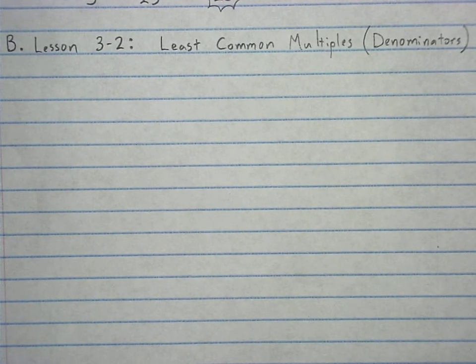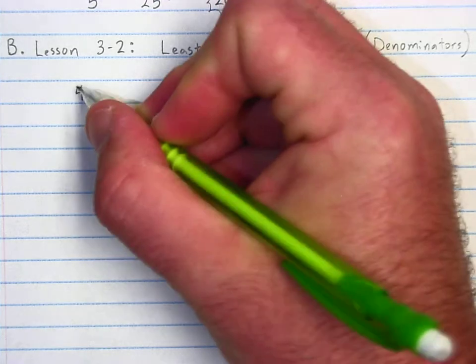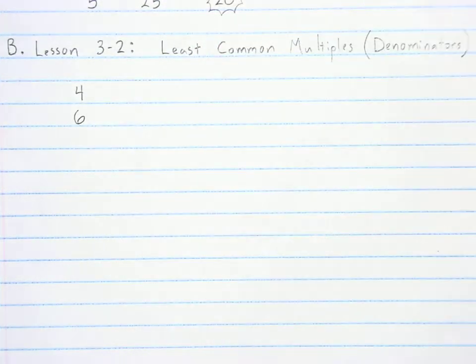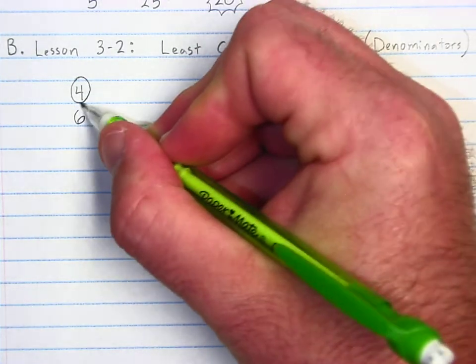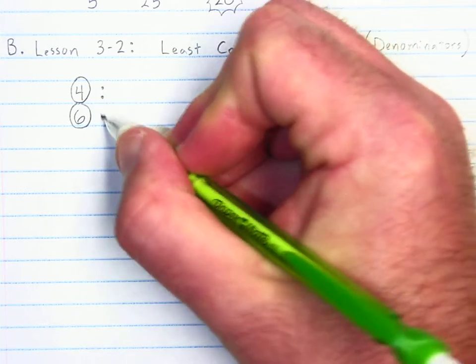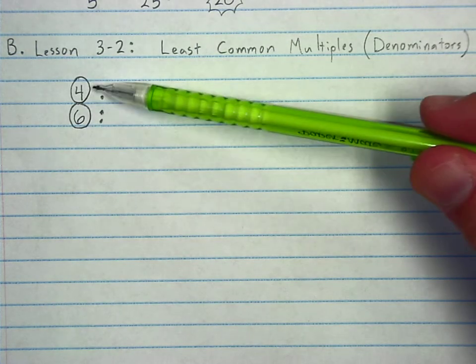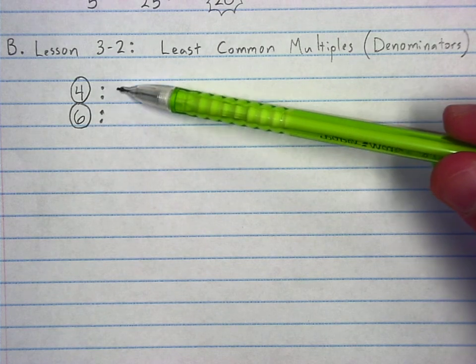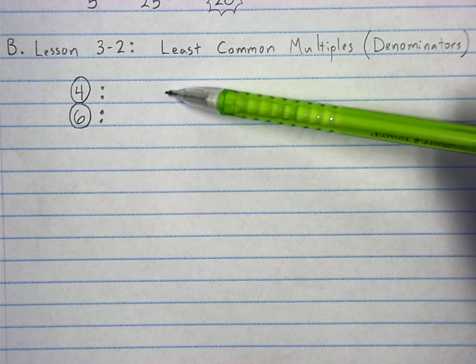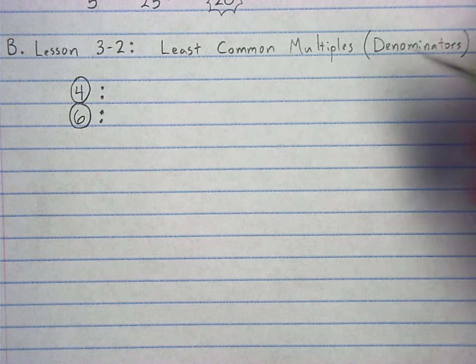So if I give you two numbers like 4 and 6, we just list out the first 5 or 10 multiples of each. Remember, a multiple is just whatever that number is times 1, times 2, times 3, times 4, times 5, and so on and so forth.